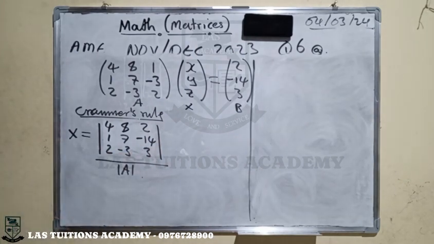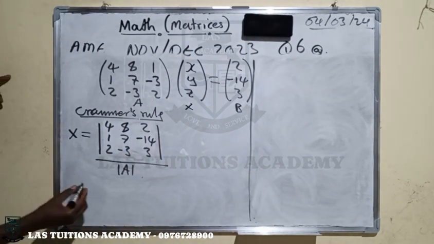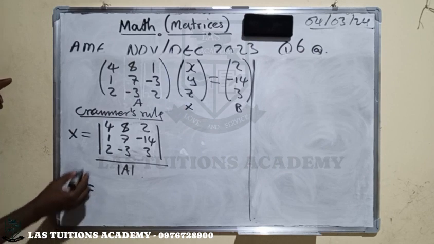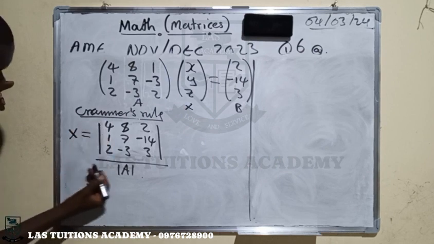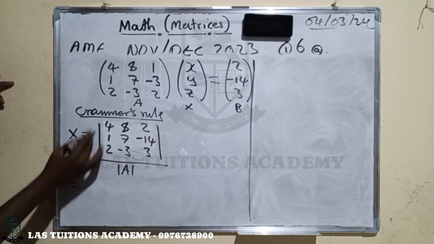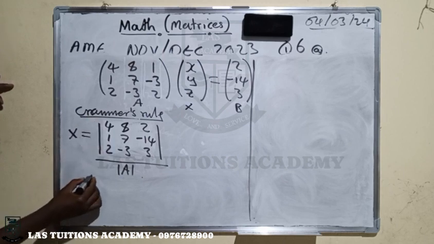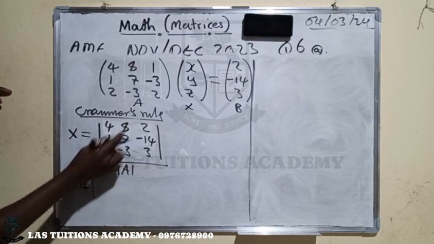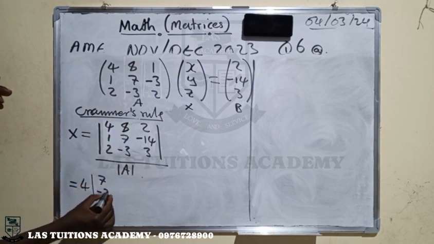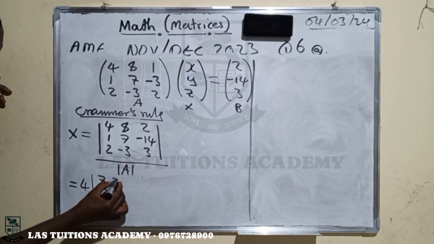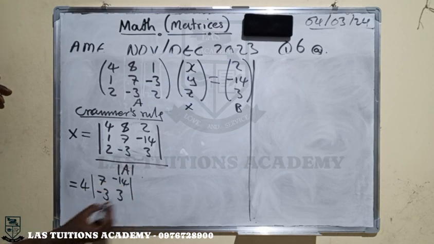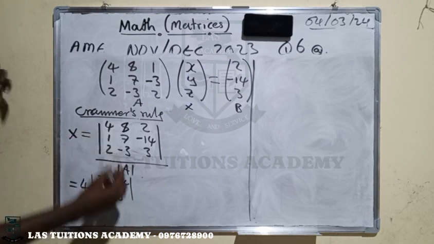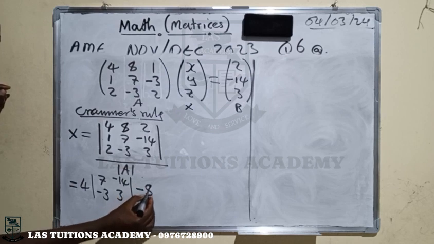Now from there, this is equal to the determinant of the top part. So we're going to have a 4. Then here we lock this, we lock that. So we have these 4 numbers: 7, negative 3, 3, negative 14. The position sign here is negative, minus 8.